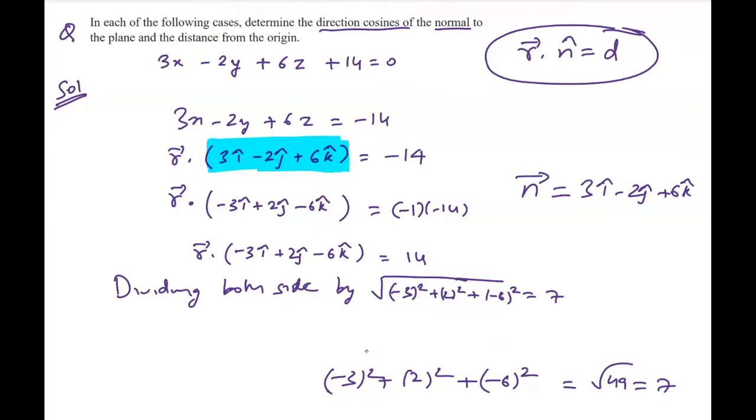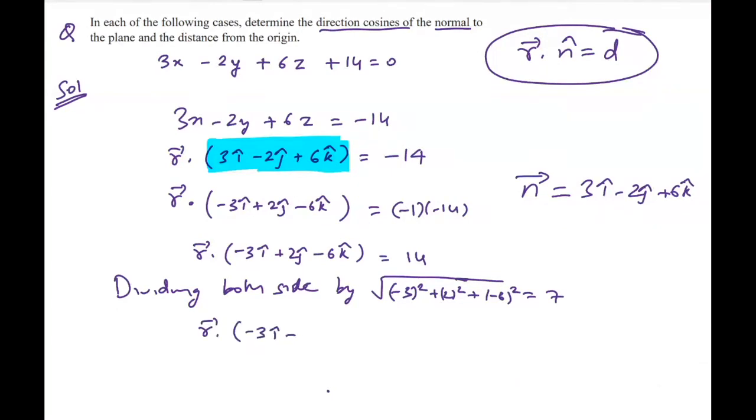Because if you divide a vector by its magnitude, it becomes a unit vector. So r dot, I will take this 7 here, equals 14 by 7. What is that? This is nothing but 2.